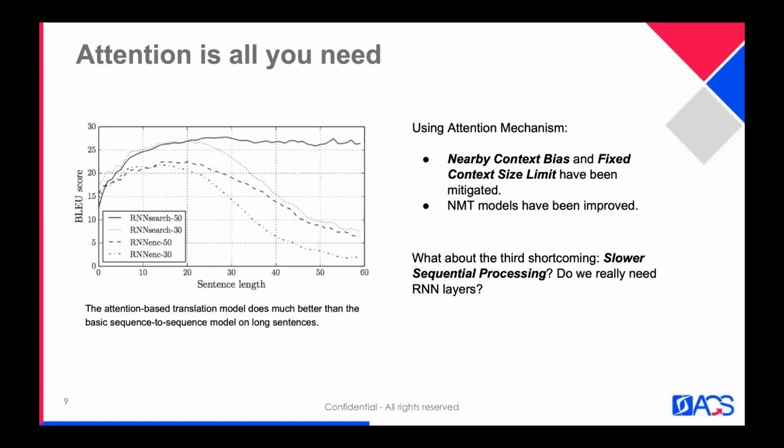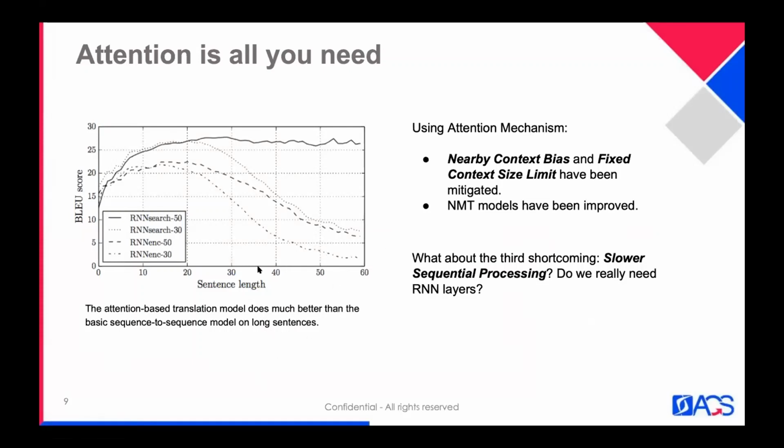Introducing attention in this sequence-to-sequence model, we obtain small improvements when we have short sentences, and we obtain large improvements when we have long sentences. Long in this case is 50 or 60.